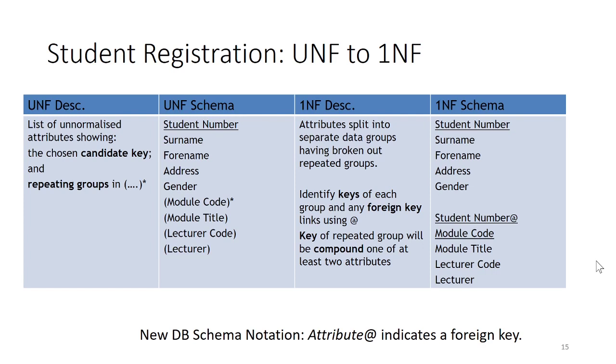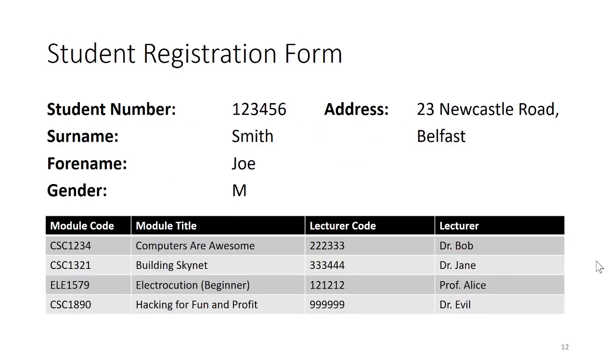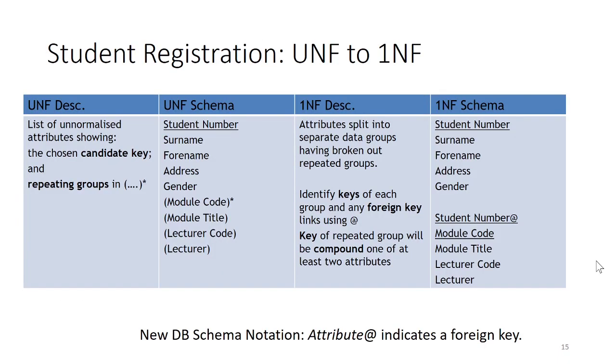For instance, if you look at the first normal form, these attributes are split into two groups: the student number, surname, forename, address, gender, and another group which is technically linked to the repeated group: student number, module code, module title, lecturer code, and lecturer.